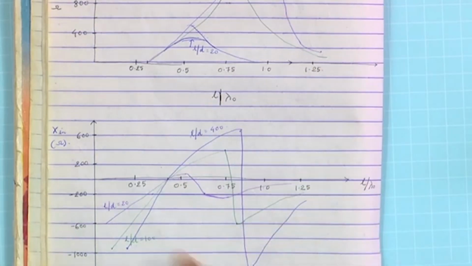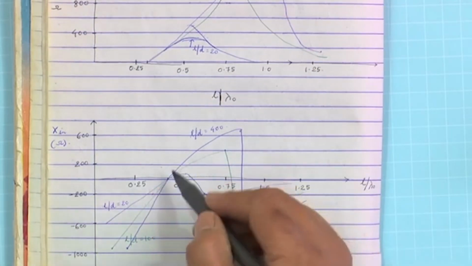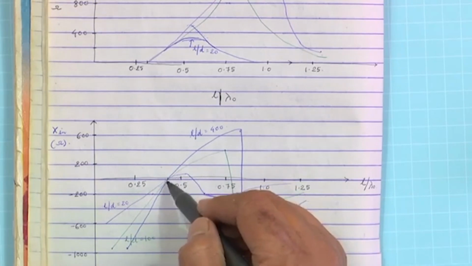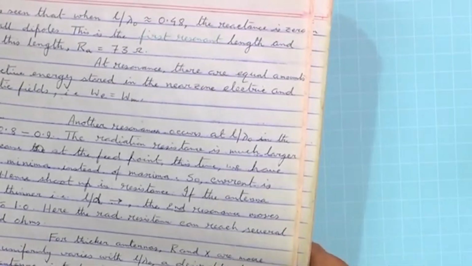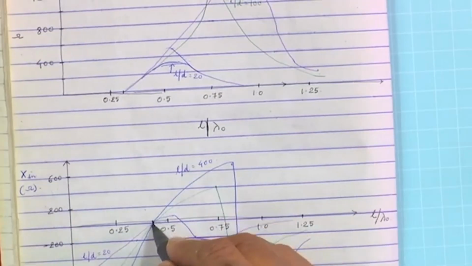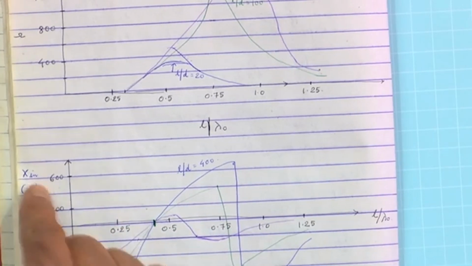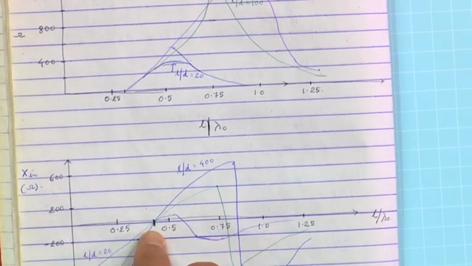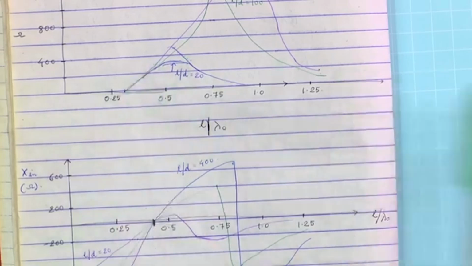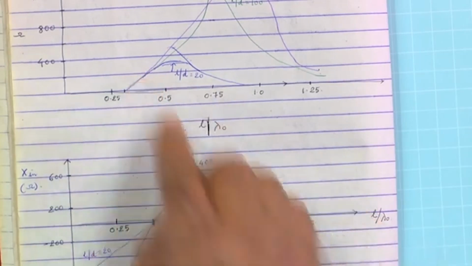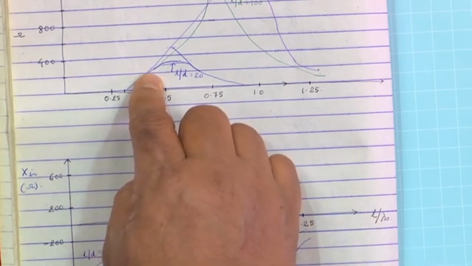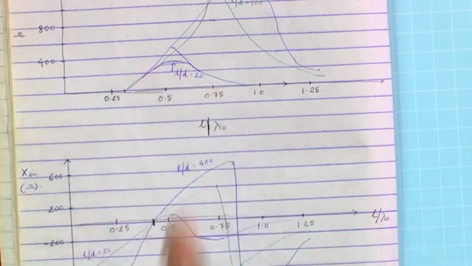The interesting thing here is that at the value L by lambda naught is 0.48, the reactive part is 0, and at that point the value of this R in is 73 ohm. So, this is the resonant point.